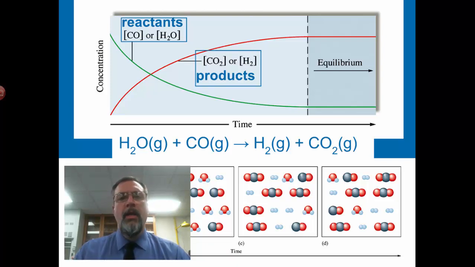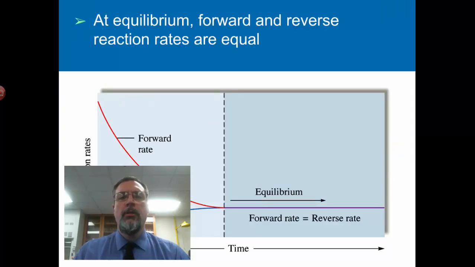But what we mean by equilibrium, the true definition of equilibrium, is that the forward reaction and the reverse reaction have the same rate. And so if you look at reaction rate versus time, the forward rate, we know it starts fairly high initially, but as the number of particles of reactants decreases, so does the rate of reaction, so that starts to drop.